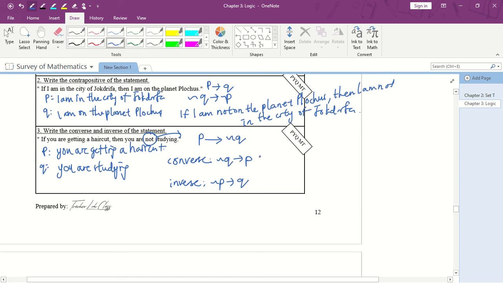And now we need to figure out what the English statement is here. So it will be: if you are not studying, then you are getting a haircut.